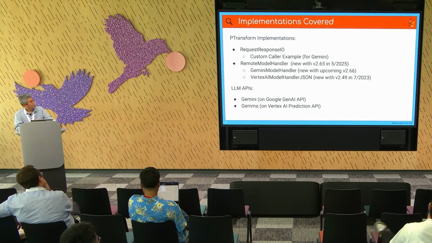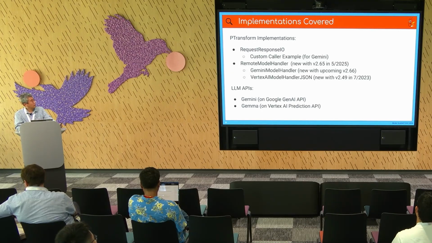For our pipeline implementation, I'll walk you through the RequestResponseIO example first, and then the Gemini model handler and Vertex AI model handler next.